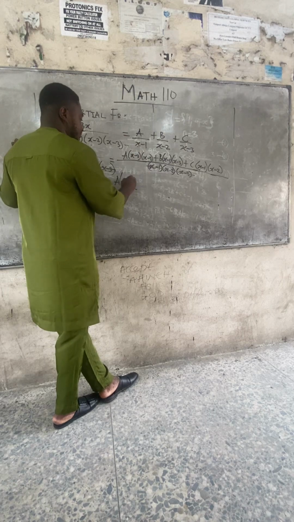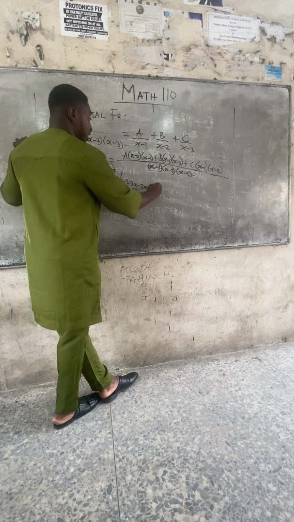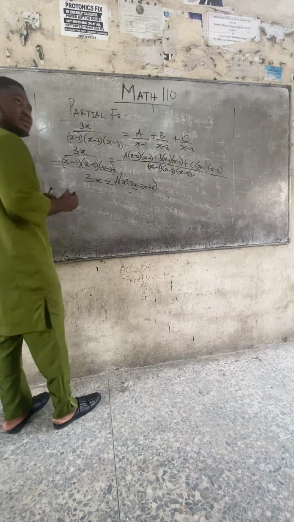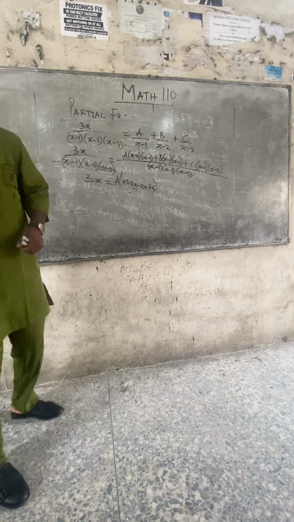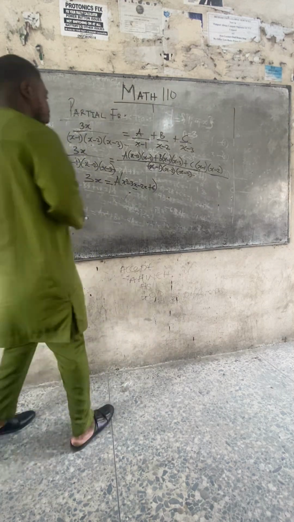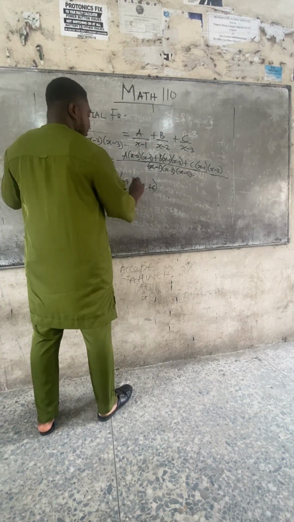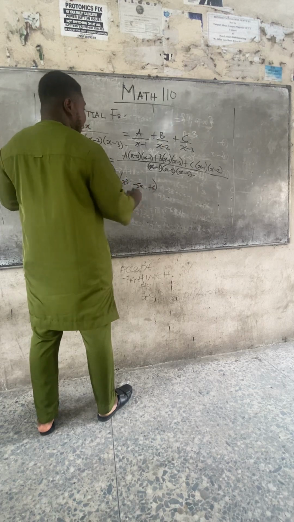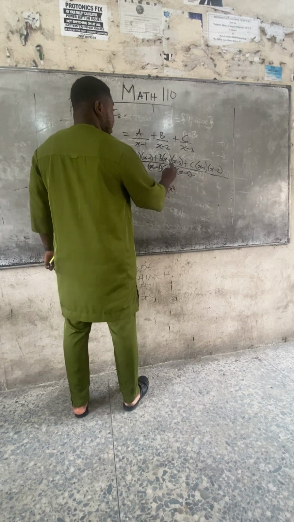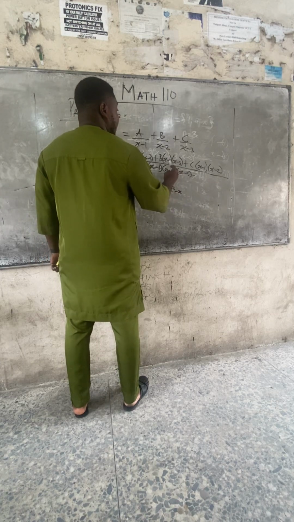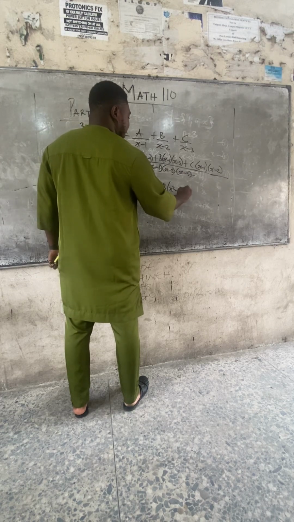For the a term: x times x, x squared. x times minus 3, minus 3x. Minus 2 times minus 3x, minus 2x. Minus 2 times minus 3, plus 6. Class, I don't need to teach you how to expand the brackets. You should be good in expansion. Plus b into bracket: x times x, x squared. x times minus 3, minus 3x.